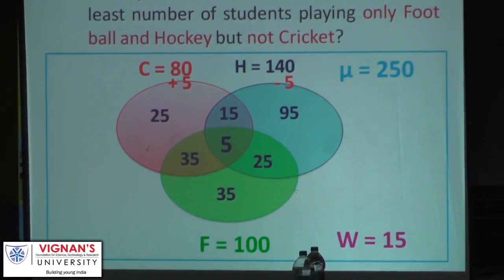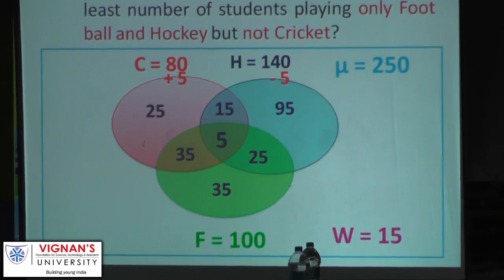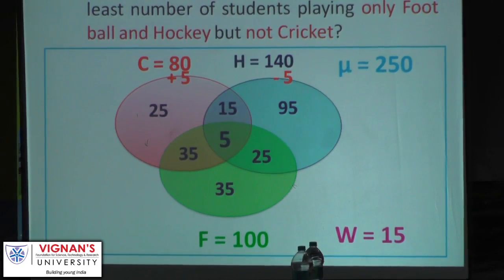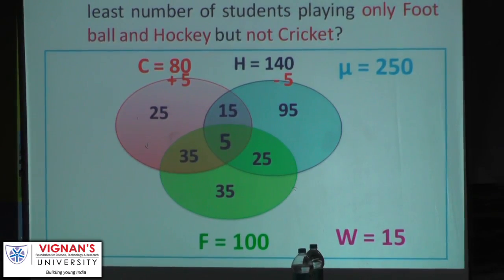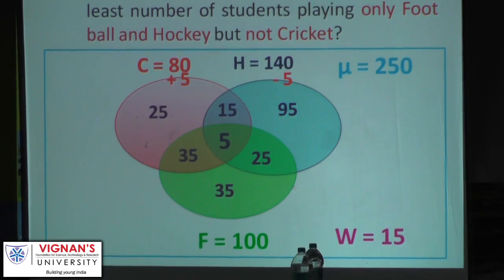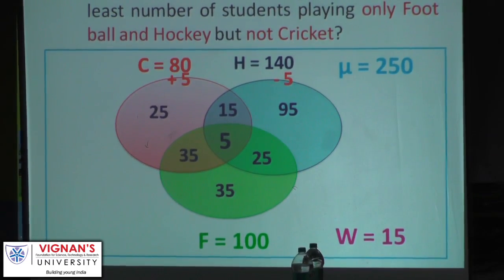Which one? Only football and hockey. So for the least number, suppose the 5 who stopped playing hockey are from this region, because we need to give the least number. If all the 5 stop from this 25, then the least number possible is 20. What is the maximum possible?